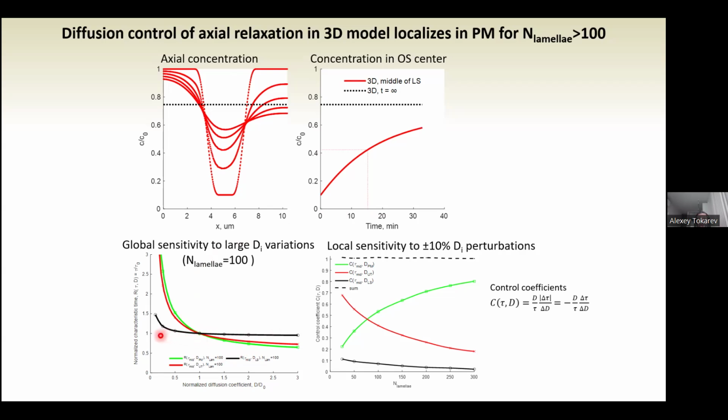If we decrease any diffusion coefficient, the time becomes higher, because we make diffusion harder. But the value of this change is different for diffusion coefficients in different parts of the outer segment.